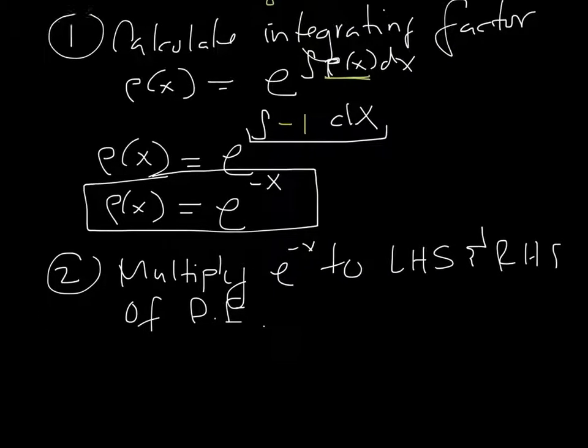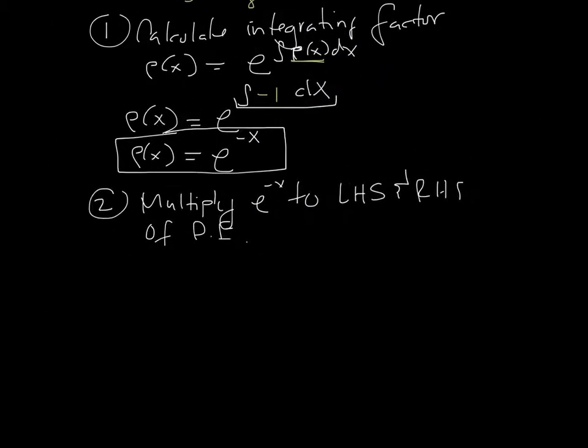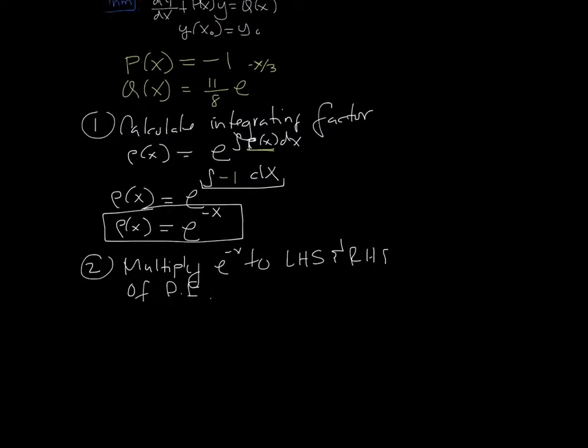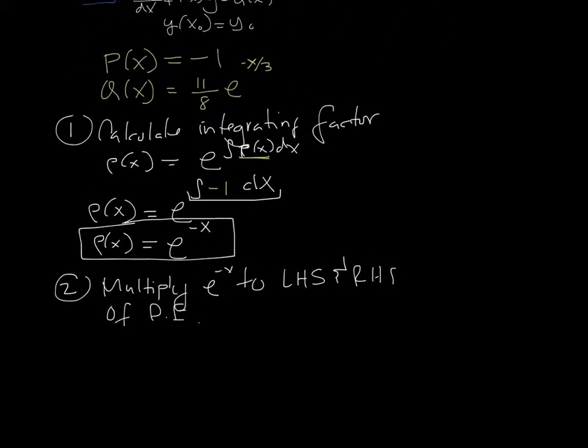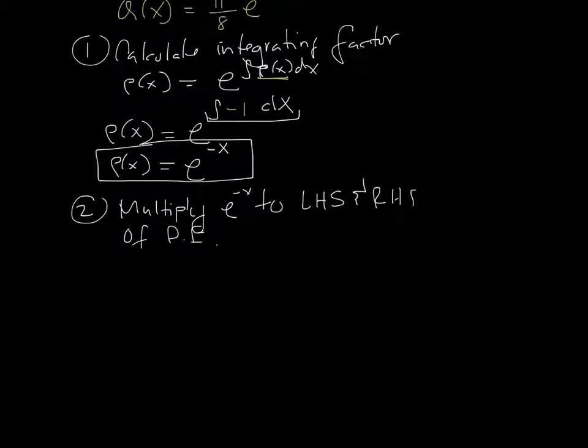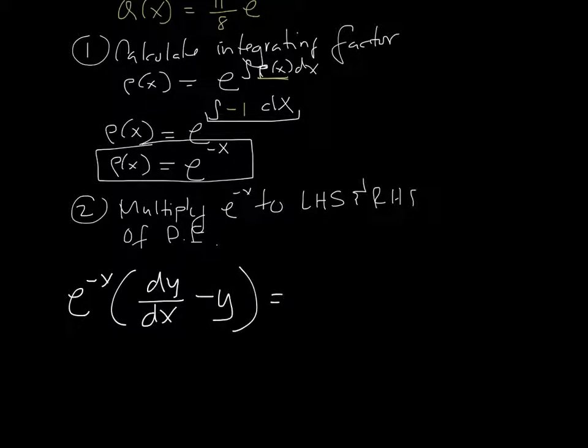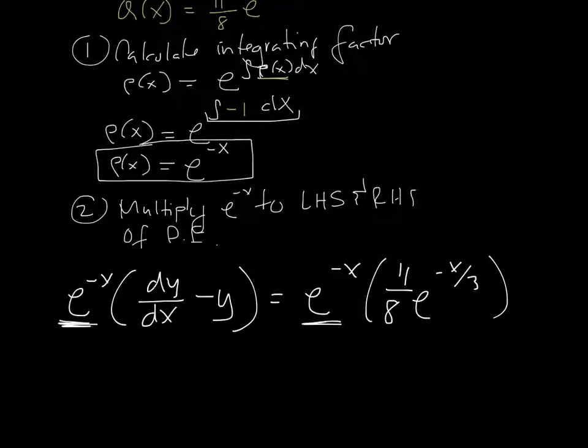So if we go ahead and do that, we get e to the negative x times dy dx minus y equals e to the negative x times 11/8 e to the negative x over 3. So there's my integrating factor that I multiplied to both sides of the equation.